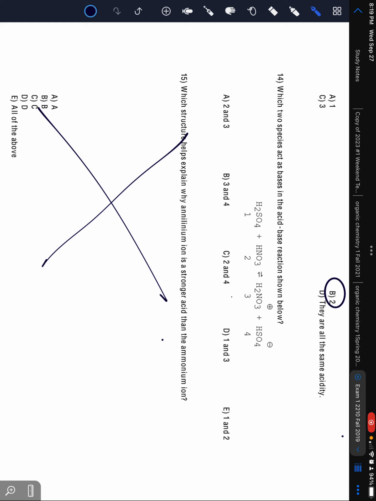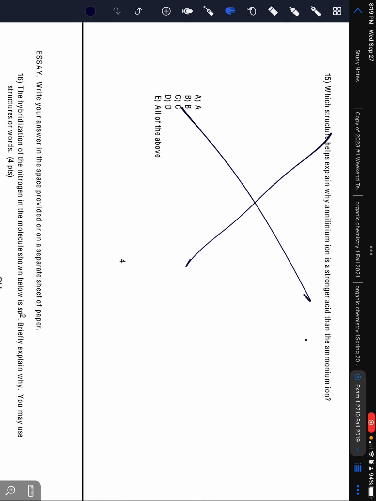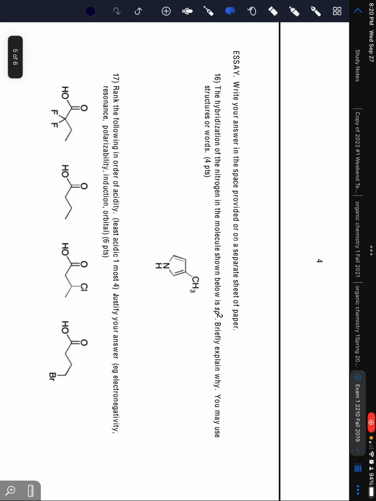So 2 has got to be one of the bases, meaning this also has to be one of the bases. So 2 and 4. The hybridization of the nitrogen is sp2. That is actually so the electrons in here can donate and you can do some resonance.